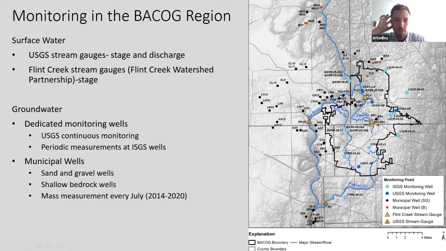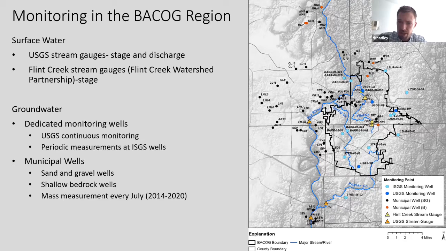And some of those wells were taken over by the U.S. Geological Survey, and there's been continuous monitoring at those sites. So those are very valuable data sets, really allows us to see the seasonal changes at these wells. And at the ISGS wells in the pale blue color, those are just measured periodically.